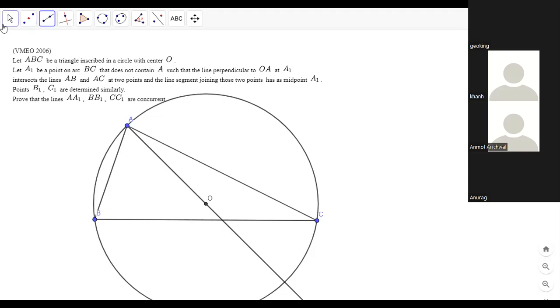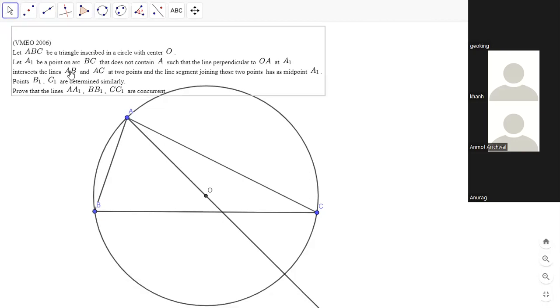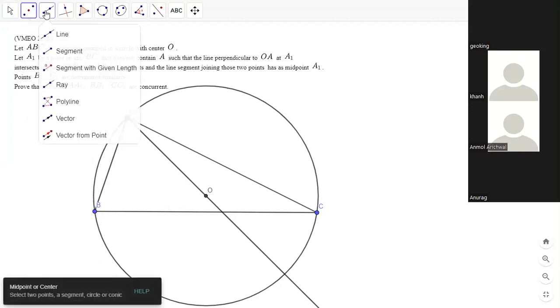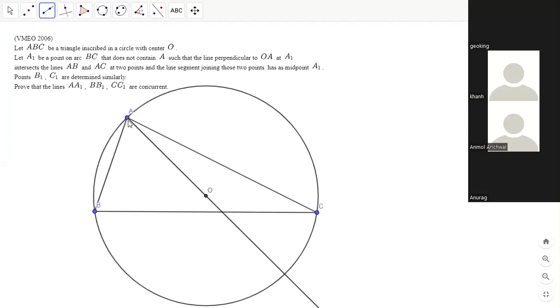Okay, so we want a point on arc BC so that when we draw the perpendicular to this, okay. So it's a point on the arc so that when we draw the perpendicular, A1 is the midpoint. So yeah, how do you figure that out? This is an interesting question just to figure out how to draw it.